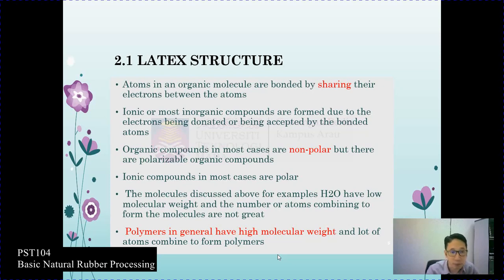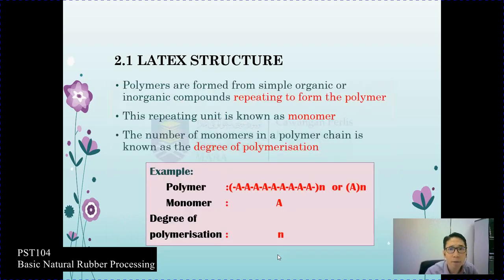Okay, previous chapter, on chapter 1, on introductions, I did mention about the combination of repeating units of monomer to form a polymer. This repeating unit forms a carbon backbone structure and produces a high molecular weight. The polymer are formed from simple organic or inorganic compound repeating to form a polymer.